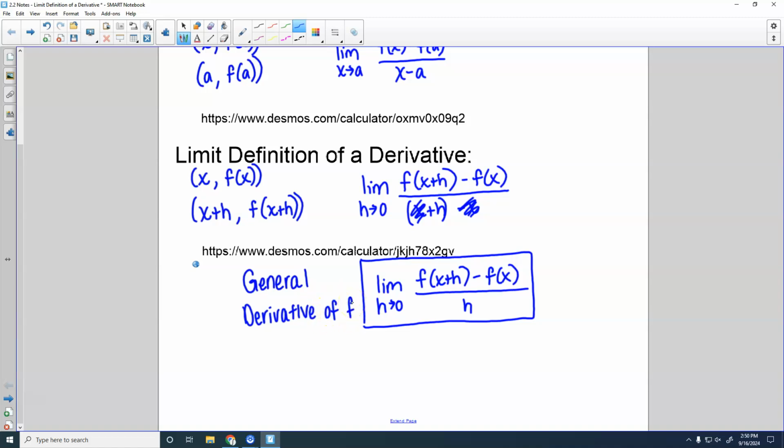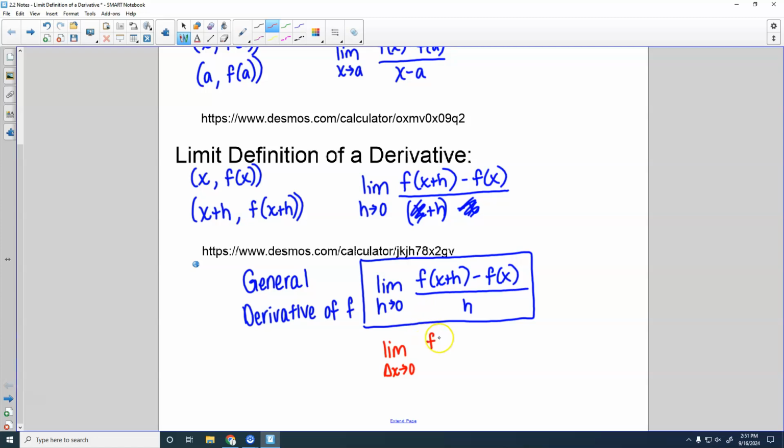Right here, I'm going to write this other below it because our textbook uses it. Our textbook does not use an h. We're going to use an h in class because I think it is easier to deal with. But our textbook does this. They like to use delta x. It's your change in x, and that is your h value getting smaller and smaller and smaller.